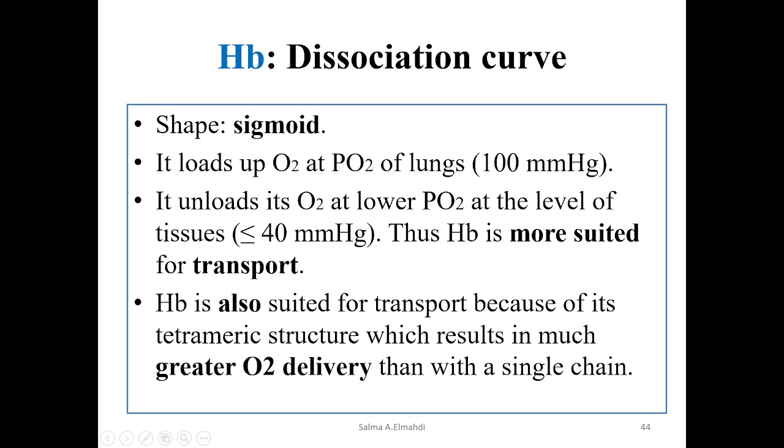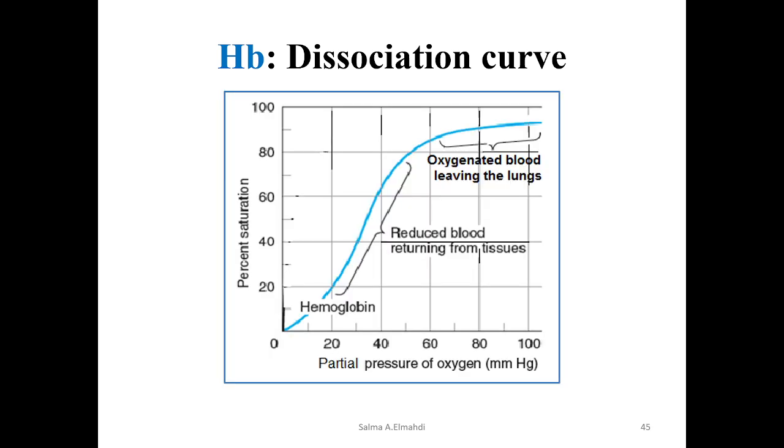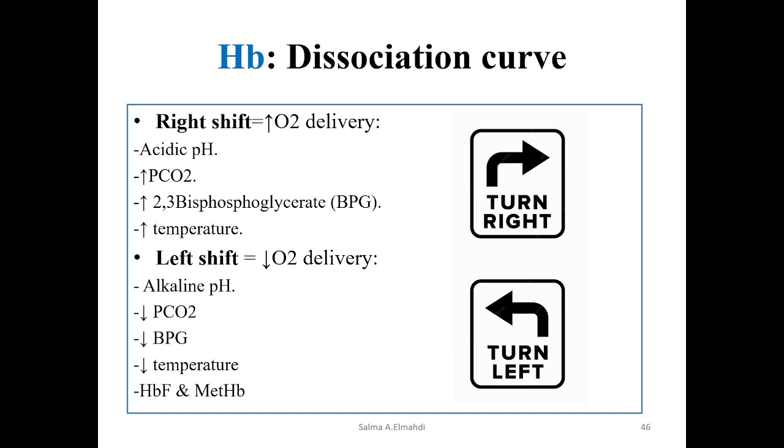This is an advantage for hemoglobin, which makes it more suitable for transport. This is the sigmoid shape of hemoglobin. It loads oxygen at very high levels of oxygen in the lungs, and at about 40 or so, it will start to release this oxygen to the tissues.